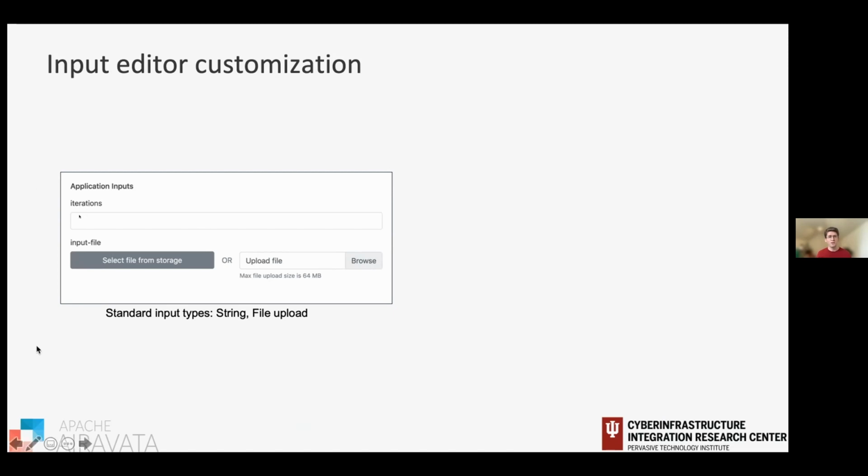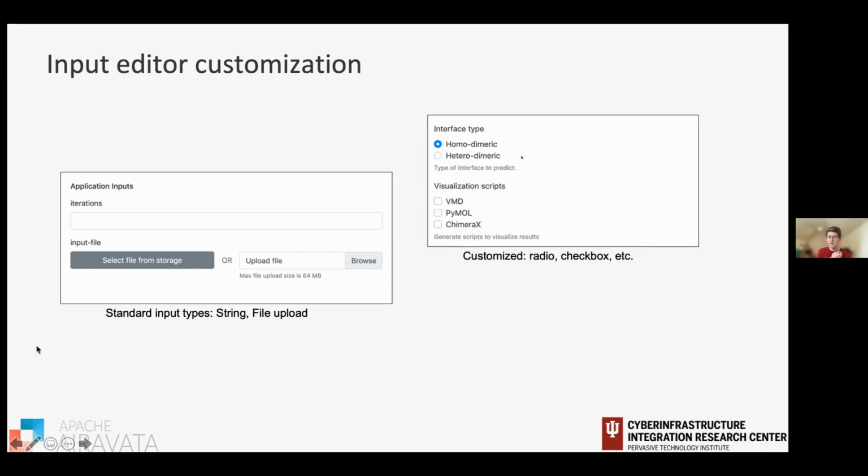For a string input, you get a pretty plain text input user interface. For file uploads, you get a user interface where you can select a file from storage, or you can upload a brand new file. And especially for the string inputs, quite often you have some constraints or some additional requirements that you would like to enforce in the UI.